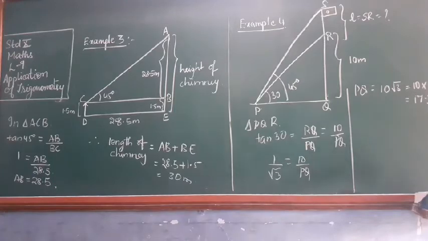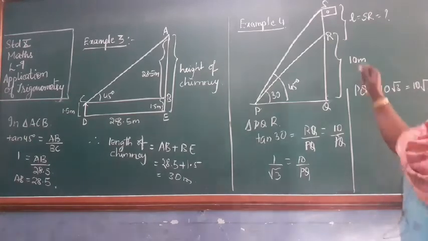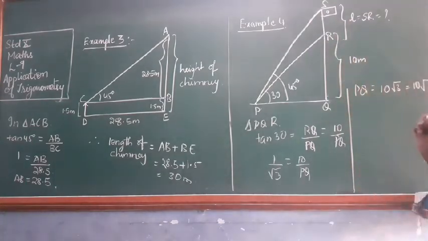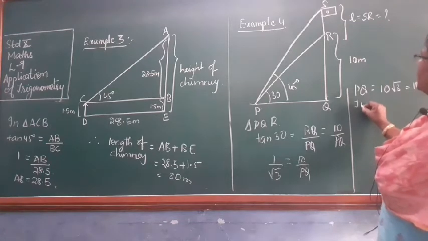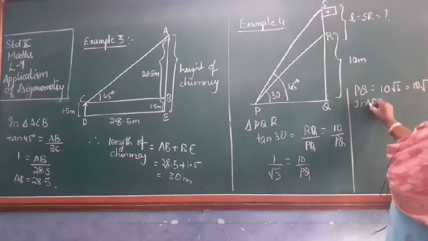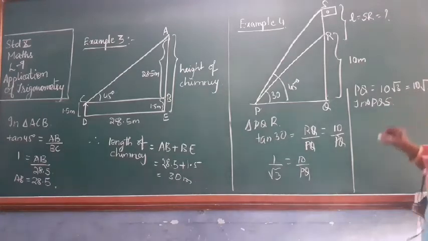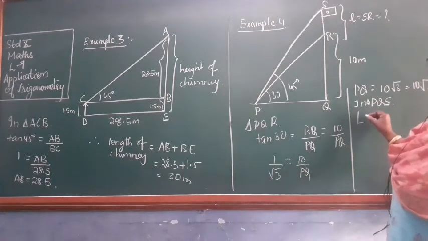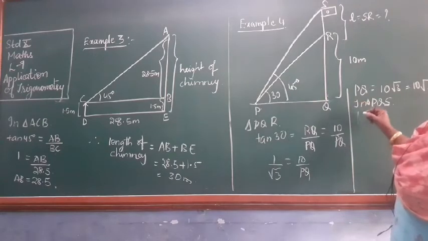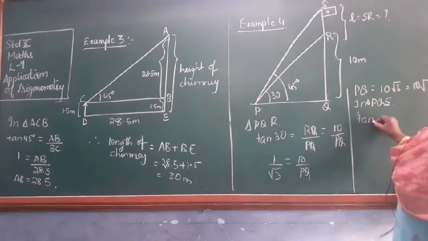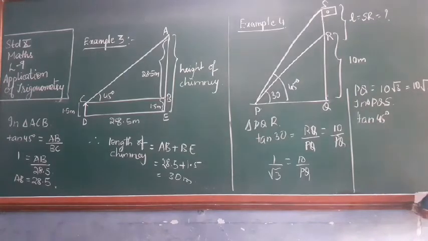Or we will just keep it as 10 root 3 only, because further also we will have to find out. So we will keep it as 10 root 3. We have to find the value of SR. Now in triangle PQS, the angle is 45, so tan 45 degree will be equal to SQ by PQ.